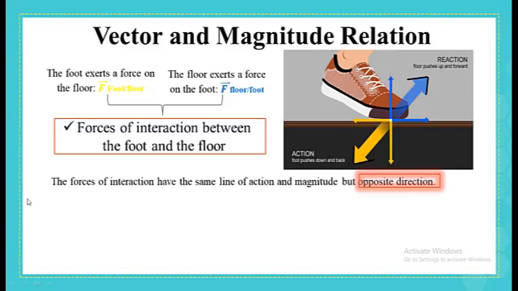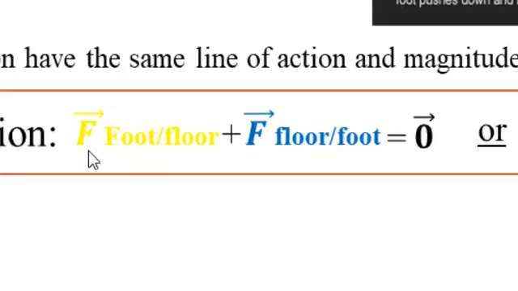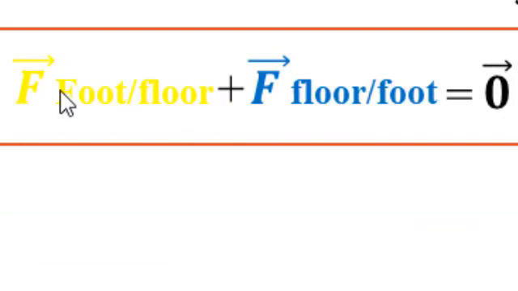In order to express such a relation, we can write a vector relation as follows. If we add these two forces, since they are opposite in direction and they have the same magnitude, then they cancel each other in a way that we get the zero vector. The resultant is 0.